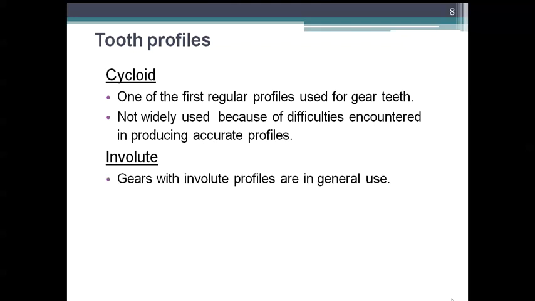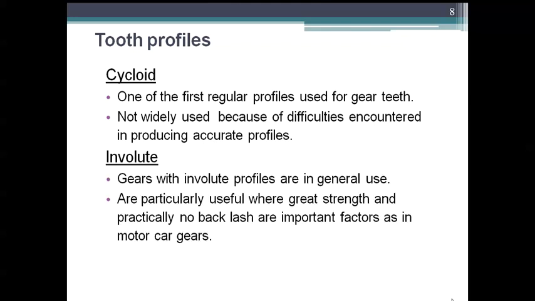And the next one is the involute gear. Gears with involute profile are generally used. Nowadays gear profiles are involute. They are particularly useful where great strength and no backlash are important factors, as in the motor car case.